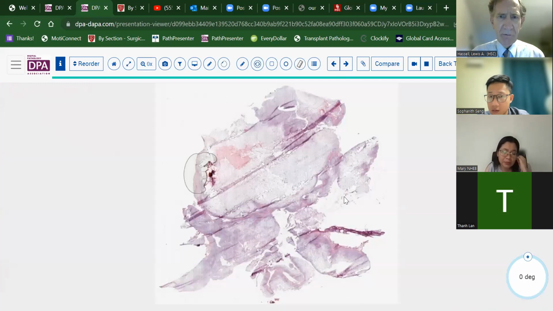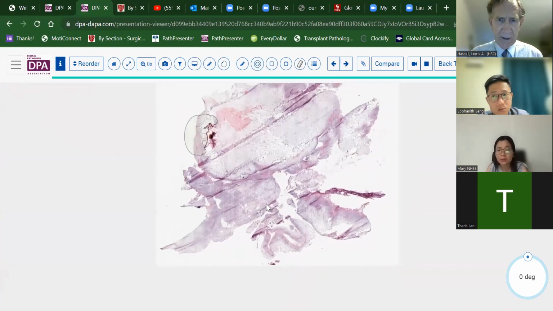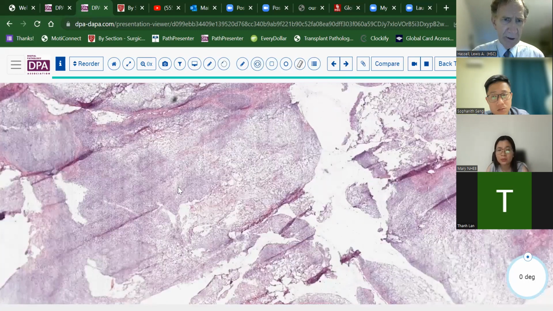Okay, let's come back to some frozen sections here. And here's a frozen section, I believe another soft tissue mass. Remind me of this case here.